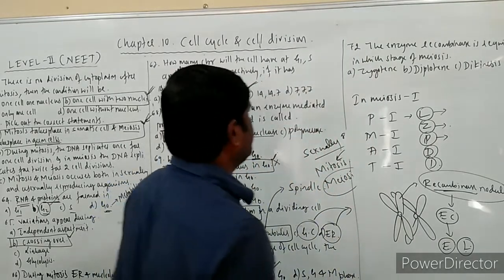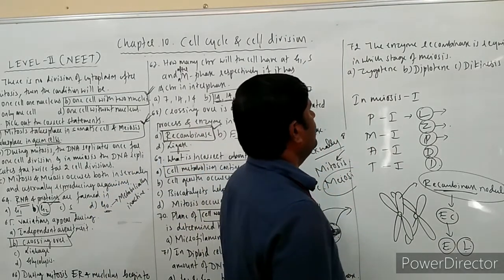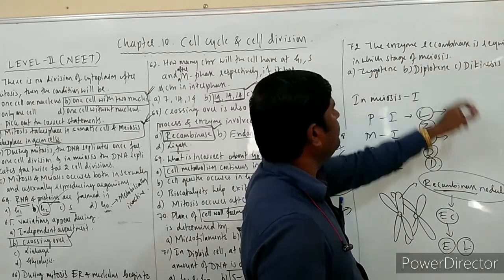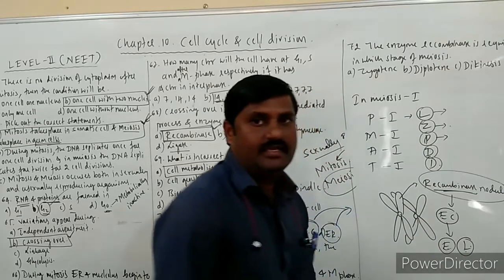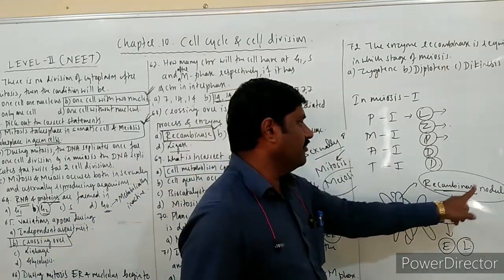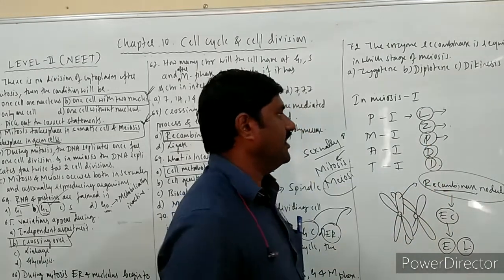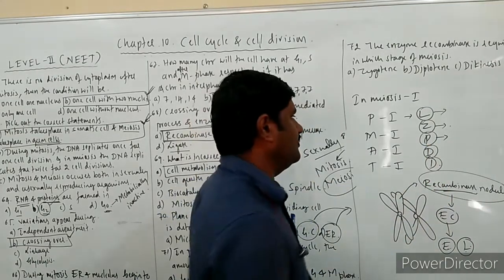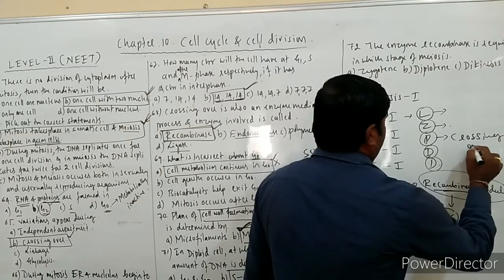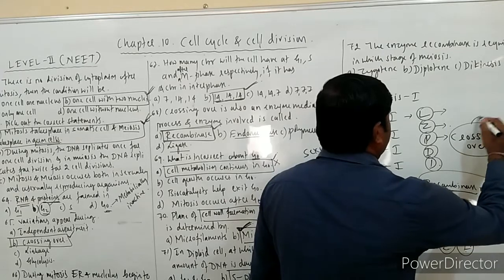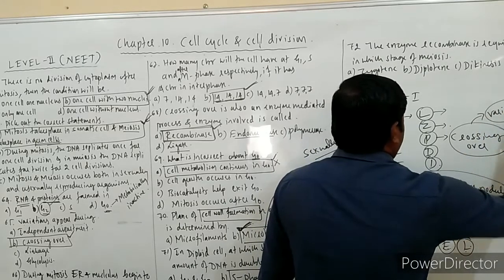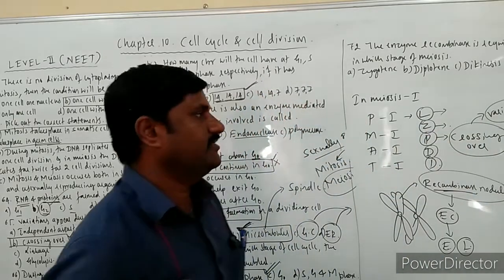The next question is, the enzyme recombinase is required in which stage of meiosis? Already this question is discussed. Recombinase nodule formation takes place in the pachytene stage. Since in the pachytene stage one process, crossing over, occurs, this results in the formation of variations in individuals of the same species. In zygotene, the second stage, synapsis occurs. In diplotene, chiasmata formation occurs. In diakinesis, terminalization occurs. In pachytene, crossing over occurs.